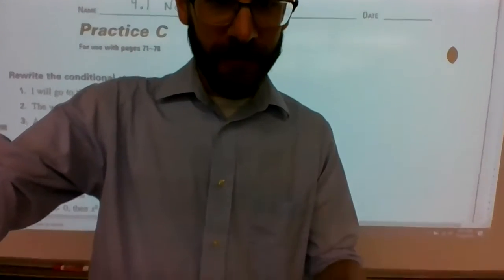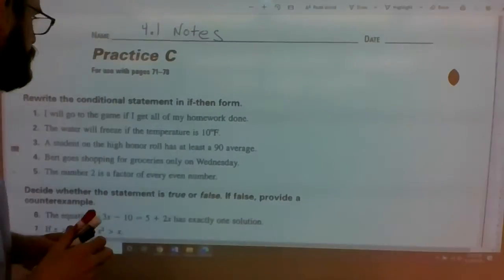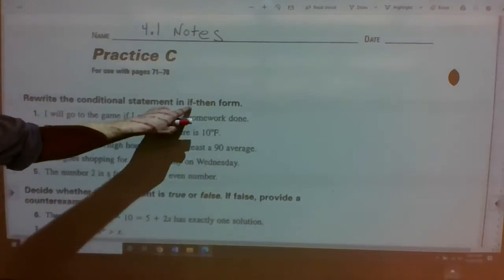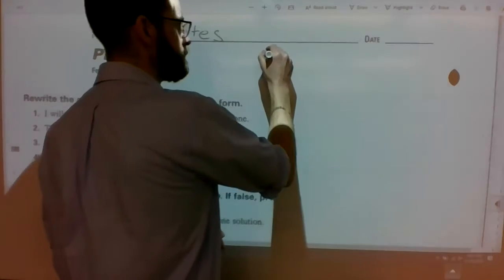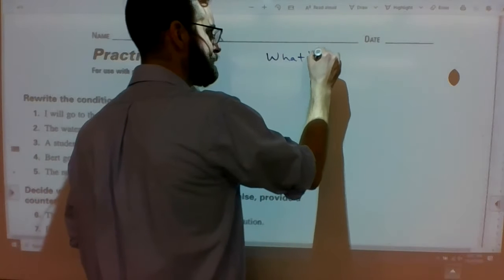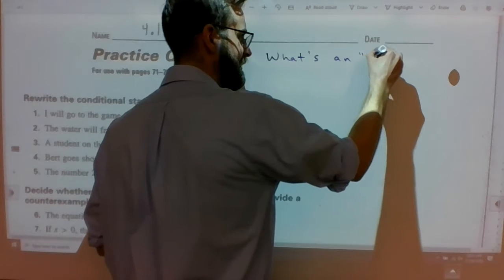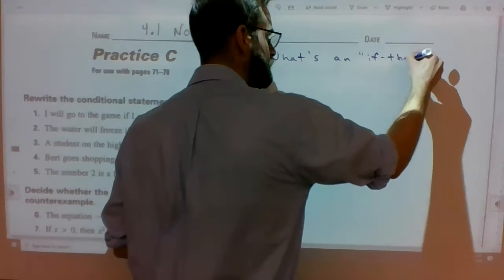Let's get to it. So the first thing we need to do is determine what the heck an if-then statement is. What's an if-then statement?